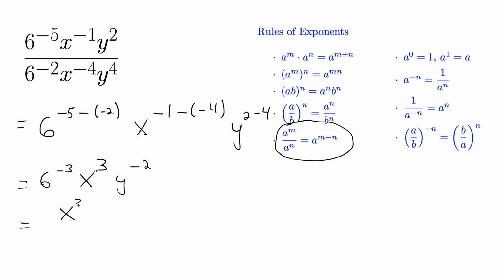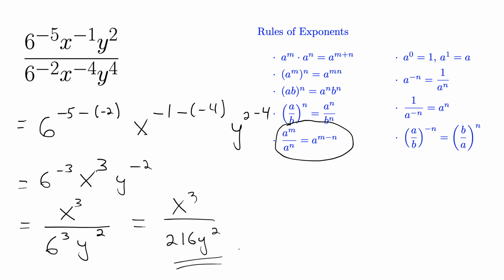So this x cubed just hangs out up there, and then down to the denominator goes 6 cubed and y squared. Okay, and then one last step, we need to expand out that 6 cubed. 6 cubed, it turns out, is 216. So we have x cubed over 216 y squared. There we go.